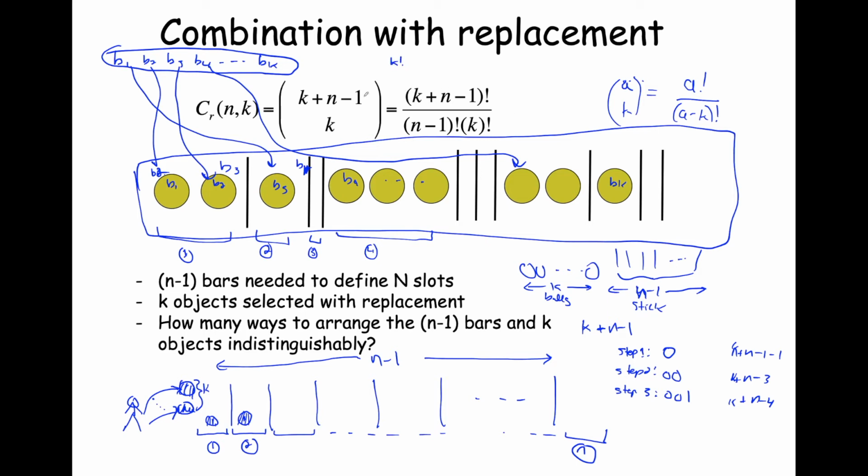And so here, when I look at this combination with replacement, this part, k plus n minus 1 quantity factorial over n minus 1 quantity factorial, talks about the permutation without replacement or combination, that selection without replacement of the sticks and the balls. And now once I have a particular arrangement of the sticks and the balls, I have k factorial duplicates that I need to factor out, and that's where that 1 over k factorial comes from.